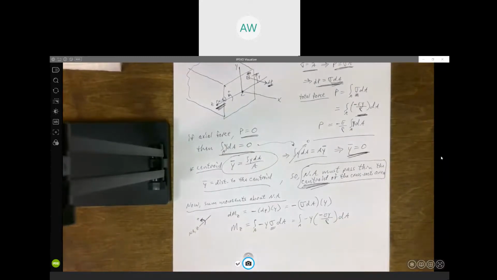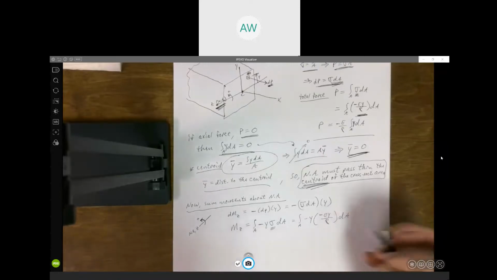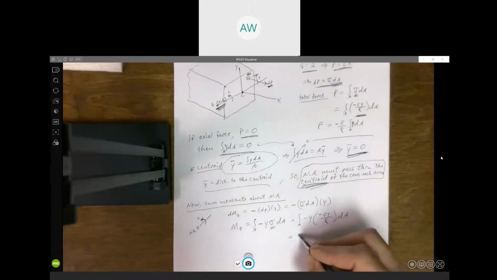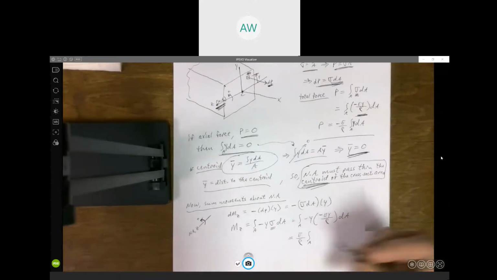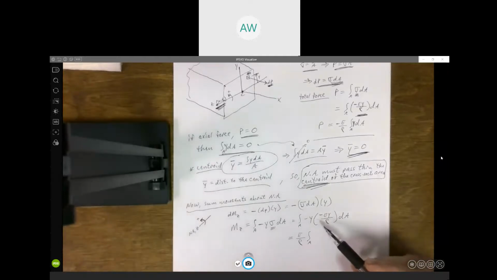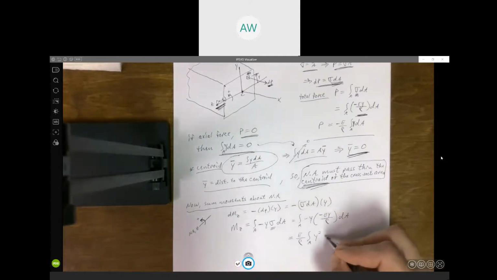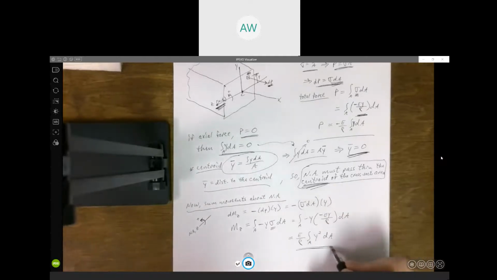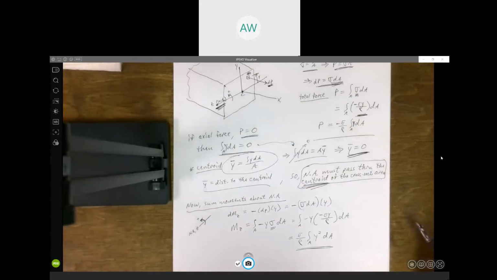In this case, like we did before, we can factor out the E and the rho. The negative times the negative is positive, so we can get rid of the negative signs. And I'm not going to leave my y's out this time. Y times y is y squared. So this is the moment about the z-axis.